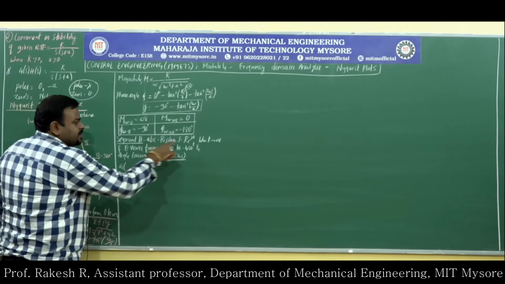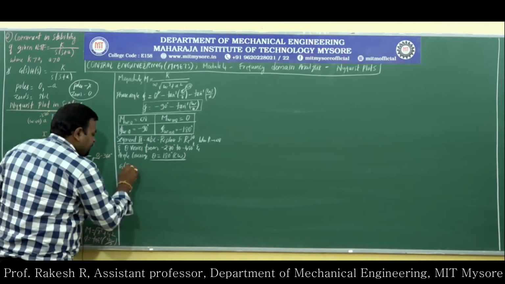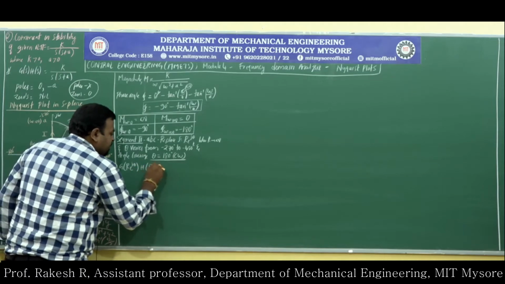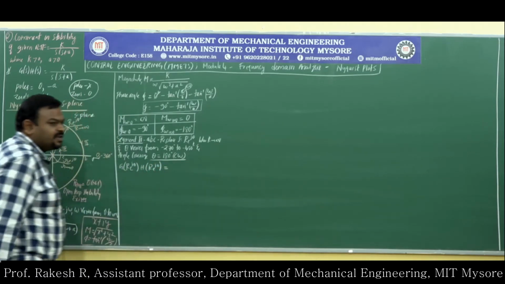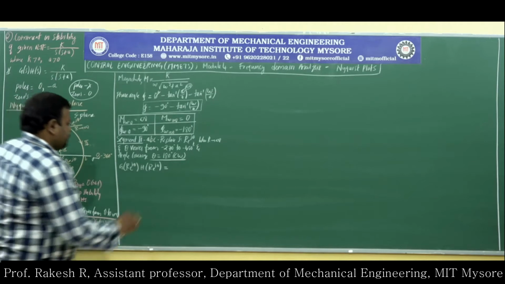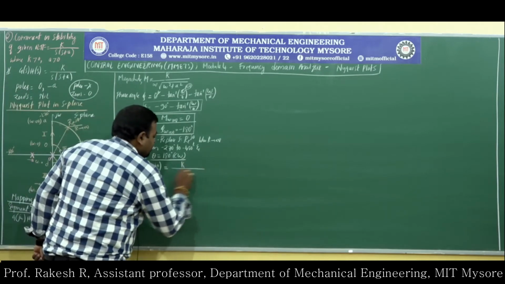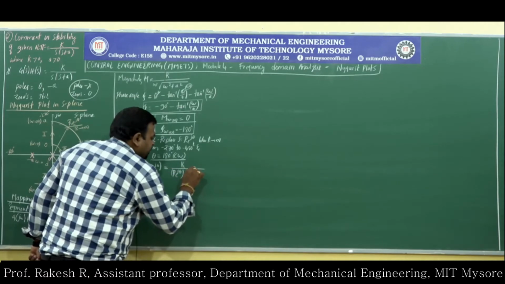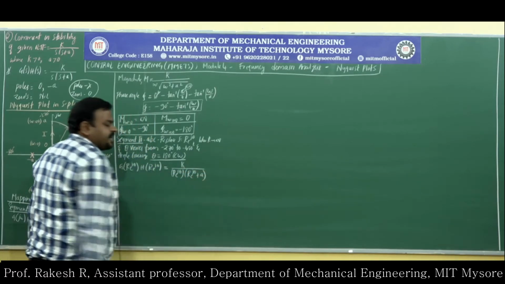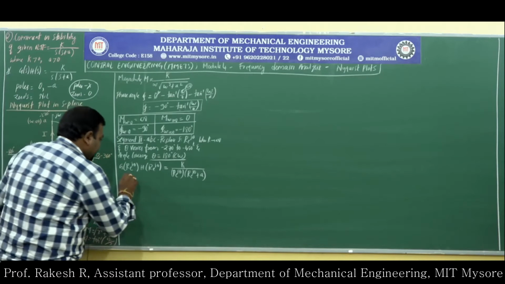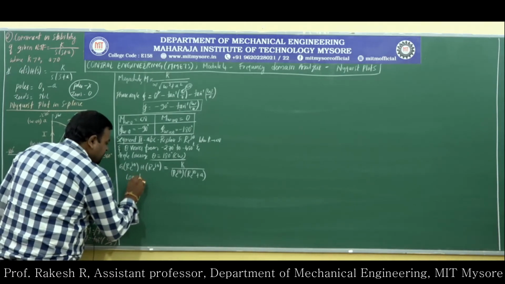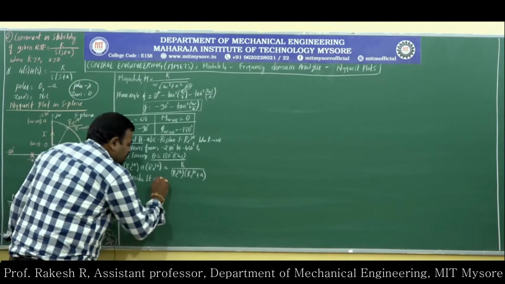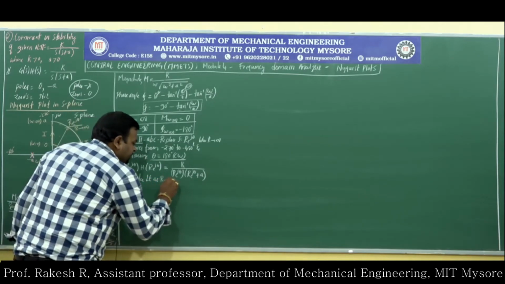Replace S is equal to R e to the power of j theta. So G of R e to the power of j theta, H of R e to the power of j theta will be equal to K divided by R e to the power of j theta into R e to the power of j theta plus A. Now consider the limit as R tends to infinity.